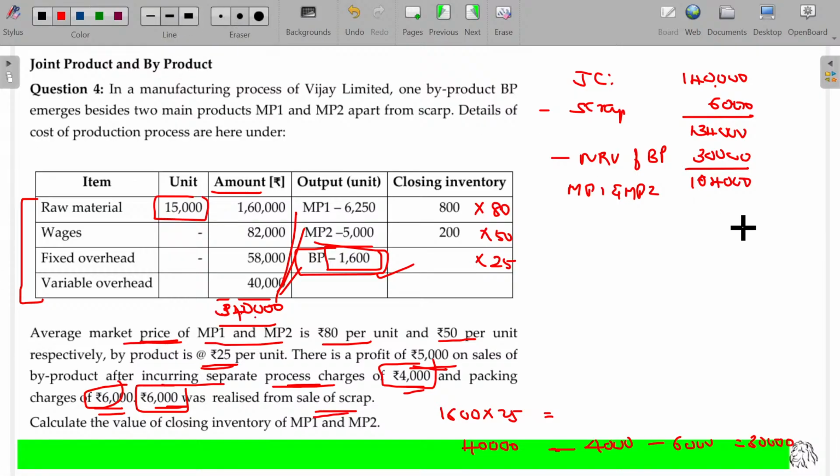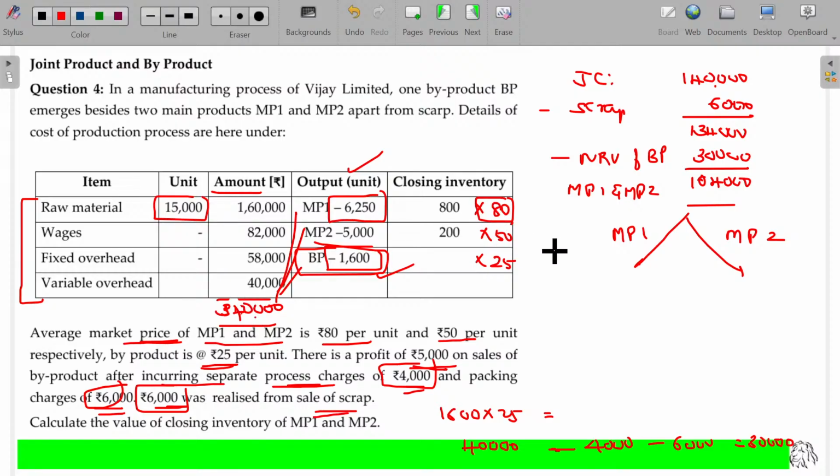Now, come on, tell me. It should be subtracted or divided to MP1 as well as MP2. What is the sale value of MP1? 6,250 units were produced for MP1, saleable at rupees 80.